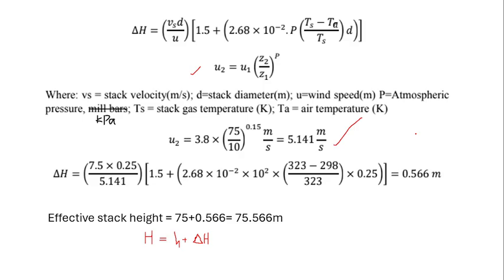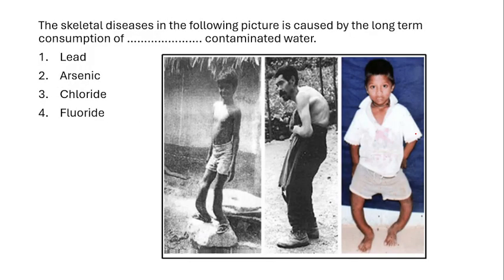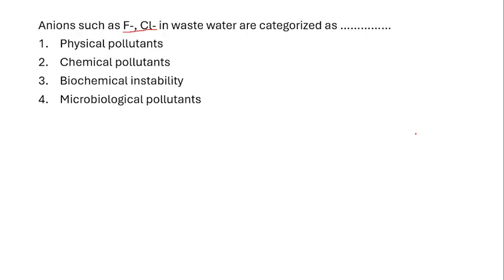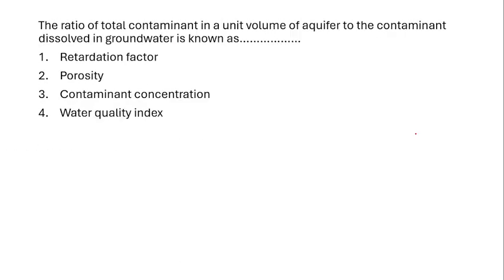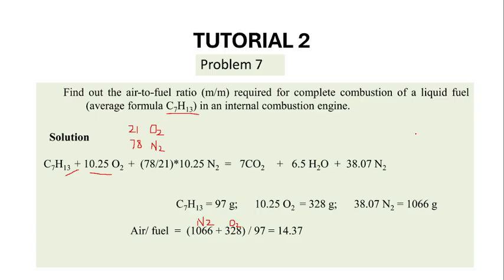So these are some sample problems we have discussed. We have discussed the sample questions for the assignment 2. Some MCQs are discussed, and then in the case of problems, we have discussed this one, air to fuel ratio, how we can calculate.